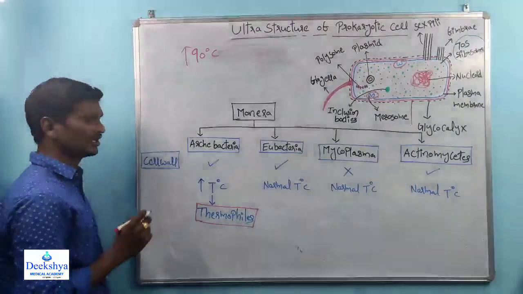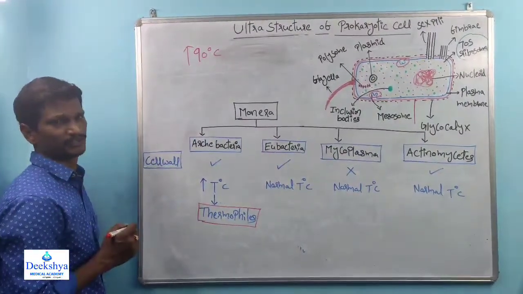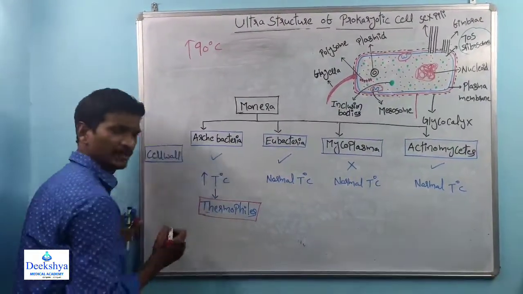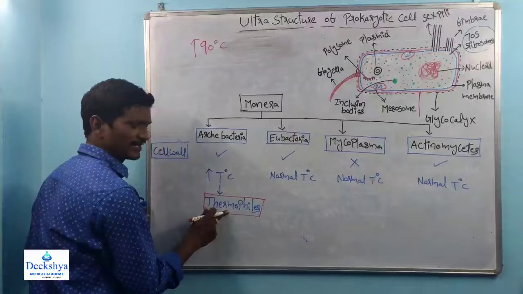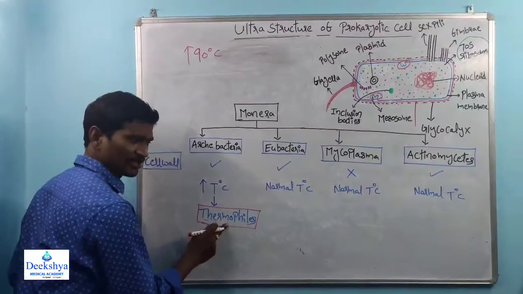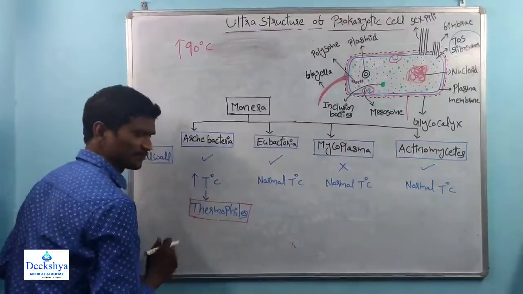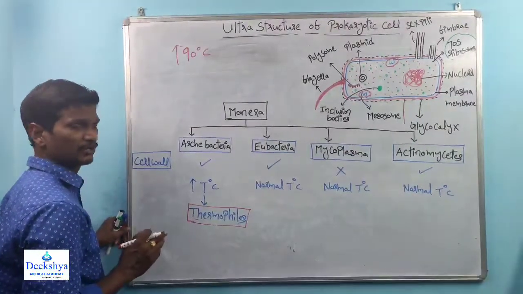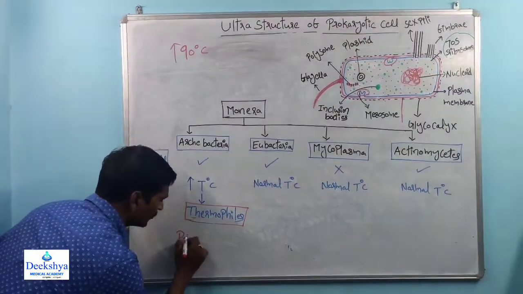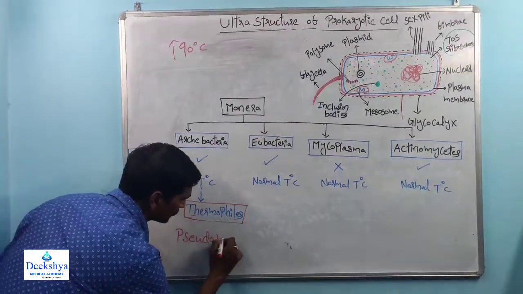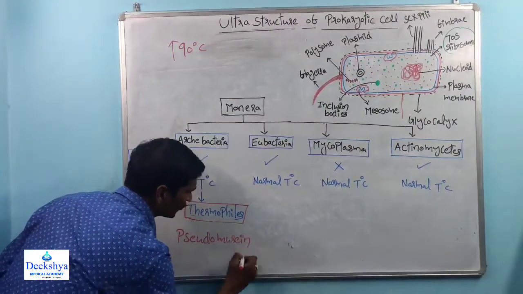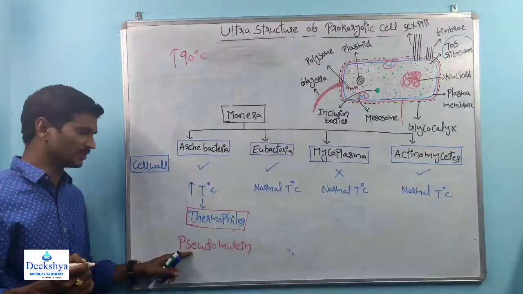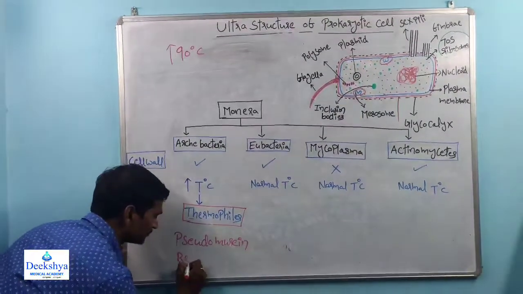The very first reason is the composition of the cell wall. Thermo indicates temperature, and philes refers to the bacteria which grow at high temperature; these are called thermophiles. One reason is the composition of the cell wall. The compound name is pseudomurein. Pseudomurein is the cell wall composition, along with branched chain lipids.